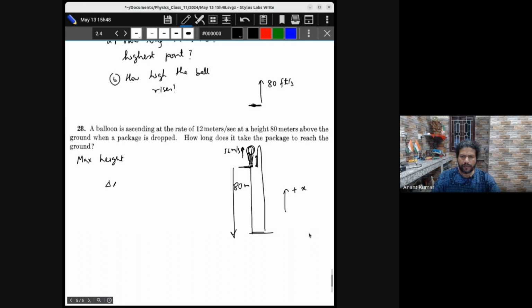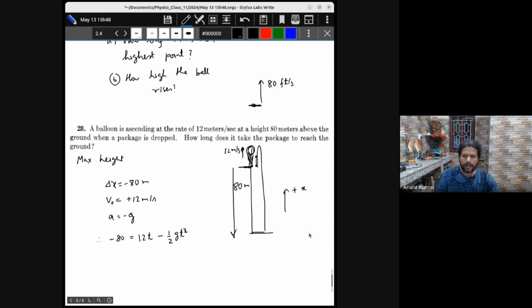I can just use the fact that displacement is minus 80 meters, the initial velocity is plus 12 meter per second because it was upwards, and the acceleration is minus g. We could use the second equation. Therefore, I get minus 80 equal to 12t minus half g t square.